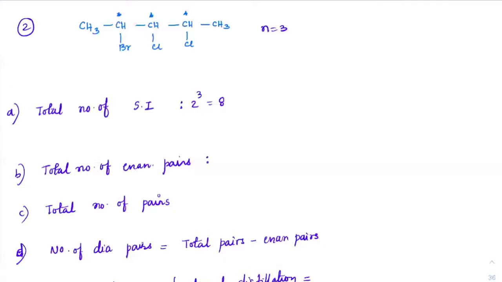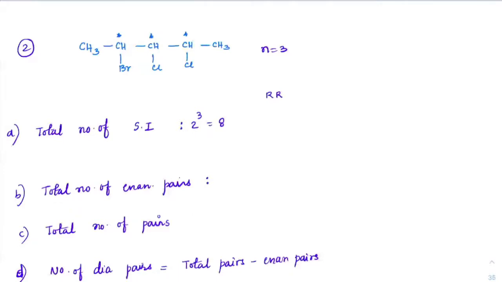You should make this a practice. First, imagine diastereomeric pairs. RR, RS, SR and SS. This is how we write it down. Next, from here, write RRR, RRS.